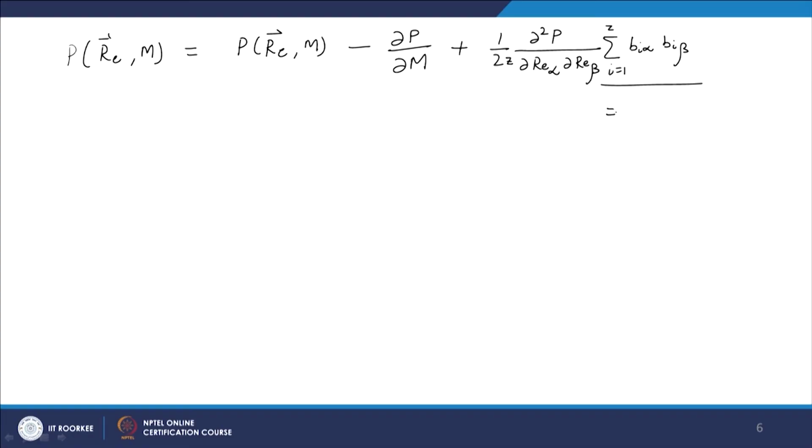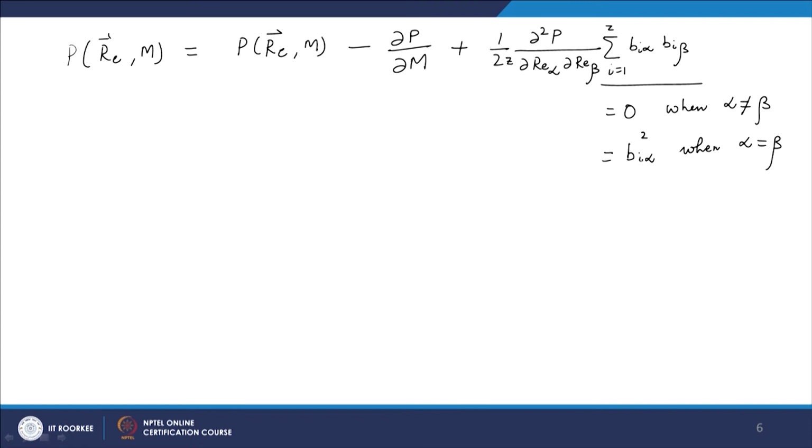So, this particular quantity will be equal to 0 when alpha is not equal to beta, and this quantity will be equal to b_i alpha squared when alpha is equal to beta.